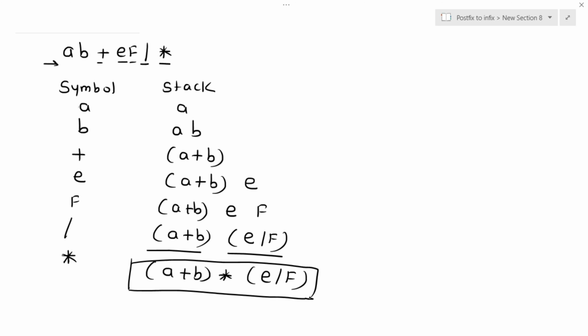In the exam we are going to solve like this. Now let's see one more example. The example given is AB minus DE plus F multiplication division. Okay, make two columns. The first one is symbol and the second one is stack. We scan all the symbols starting from left to right. The first symbol is A. It goes into the stack. Then it's B. So in the stack we have AB.